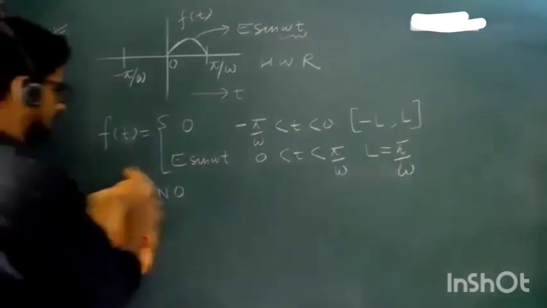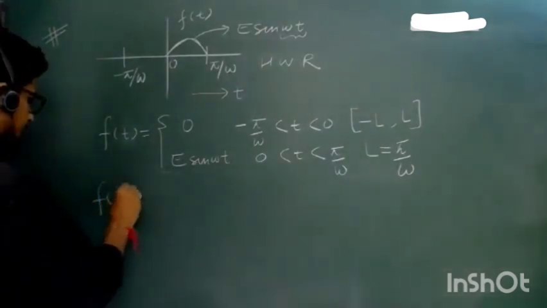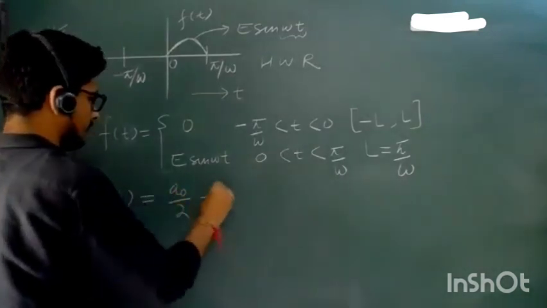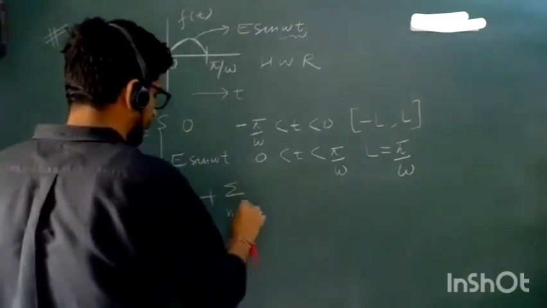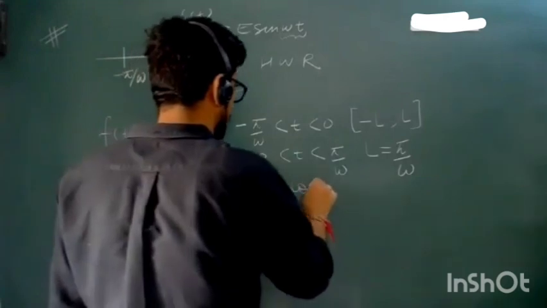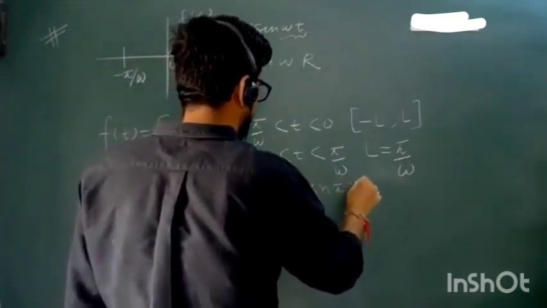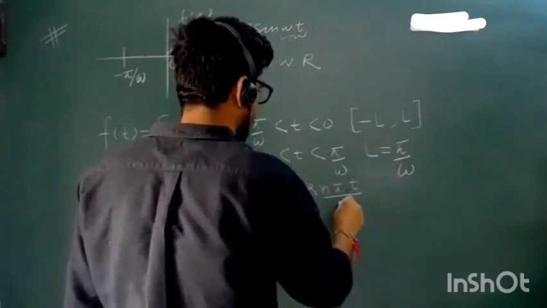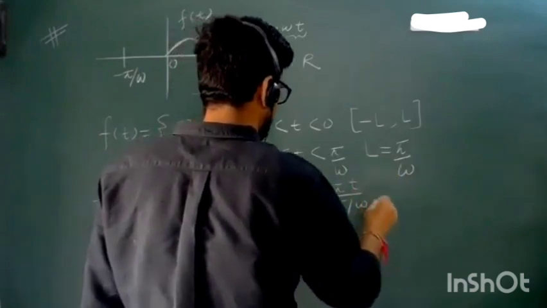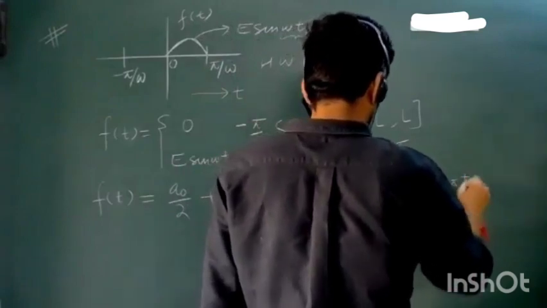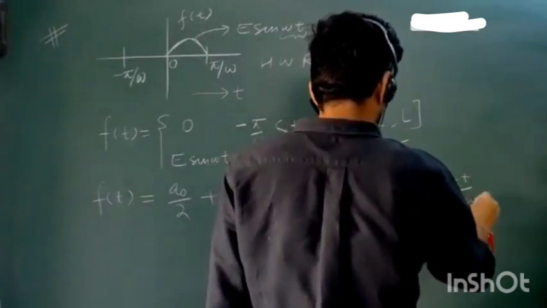So let me calculate quickly. First of all, I will write the function f(t) is equal to a naught by 2 plus summation n is equal to 1 to infinity an cos n pi t by L, which is pi by omega, plus bn sin n pi t by L, which is pi by omega.